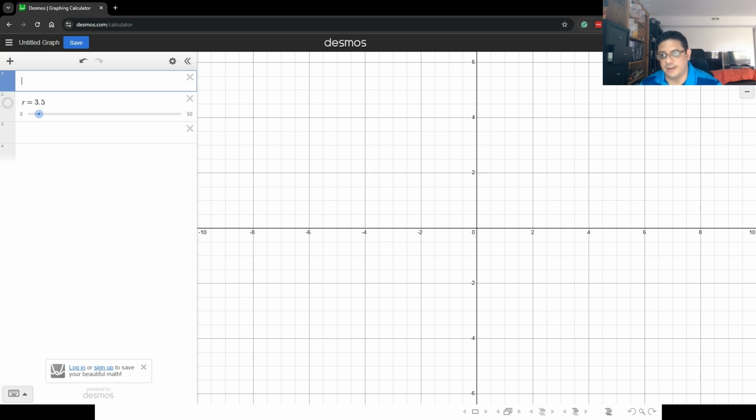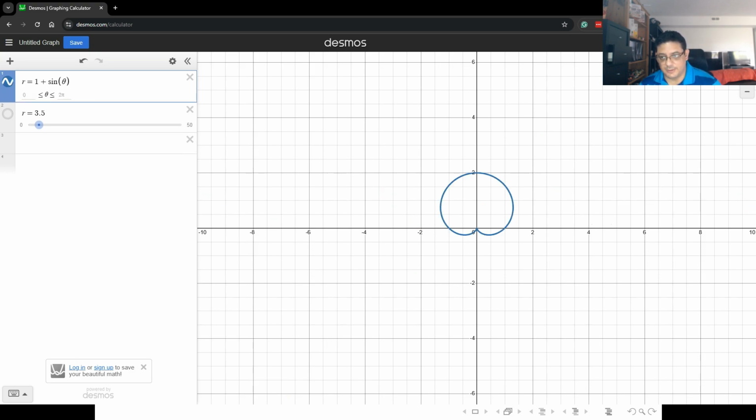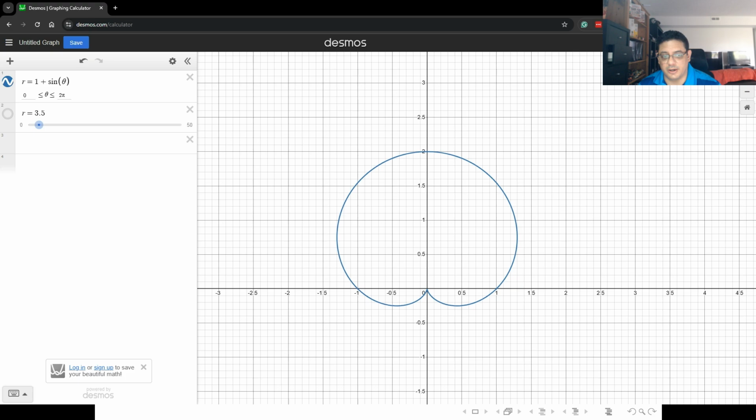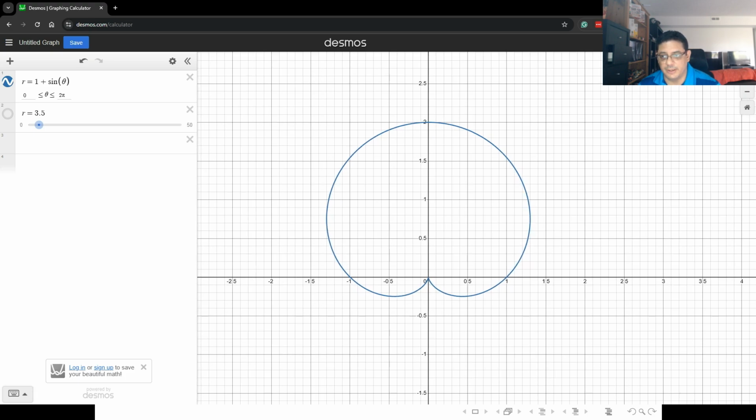If you're looking now for something that is in terms of r and theta, like what we saw earlier, then you can use something like r equals 1 plus sine of theta, and of course you have to move theta through a particular angle. So here we're going to move theta from 0 to pi. Notice this is the cardioid that we had from before, and you can use this to guess how it's going to behave in different places.